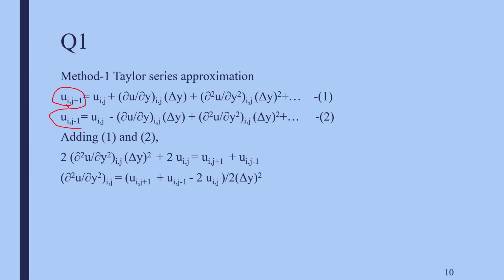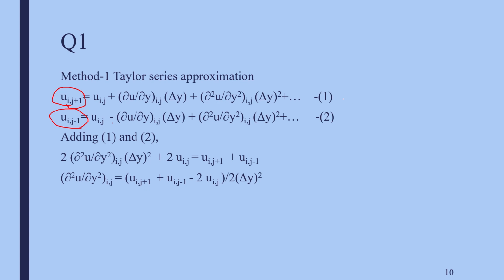And u(i,j-1) is given by u(i,j). Here it is plus since we are going forward, here we have minus ∂u/∂y at (i, j) into Δy plus ∂²u/∂y² at (i, j) into Δy², and so on. So now we have two equations.